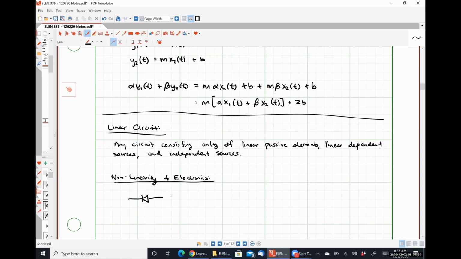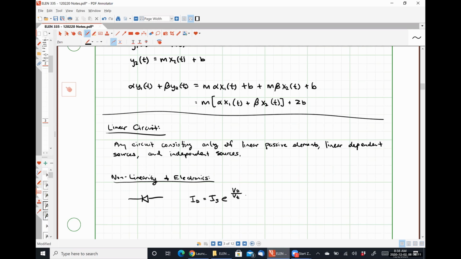Our diode current is given by IS, which is the reverse bias saturation current, something we'll talk about later, times e to the VD divided by VT, where VT is the thermal voltage, again something we'll talk about in considerable depth later, but at room temperature, it's 26 millivolts. This is inherently a nonlinear relationship. It's exponential. We can literally see that it is nonlinear, okay?